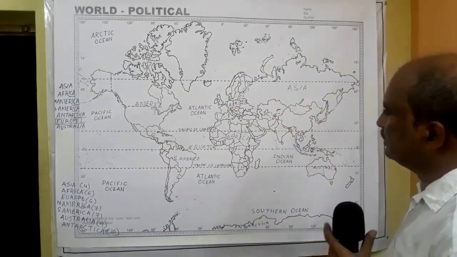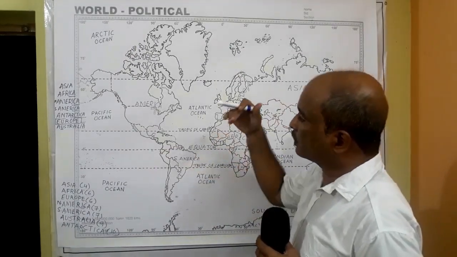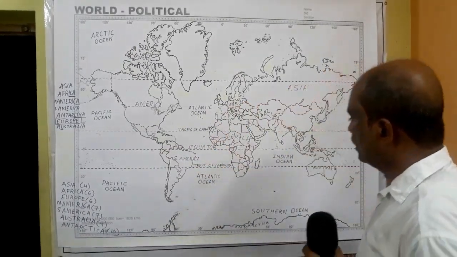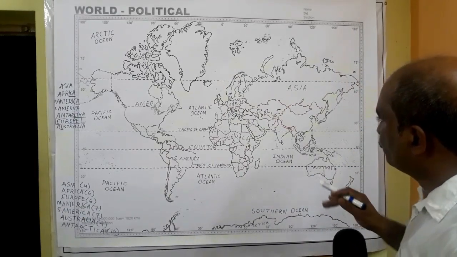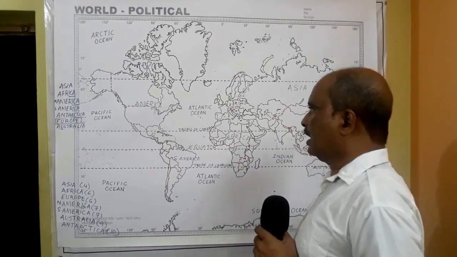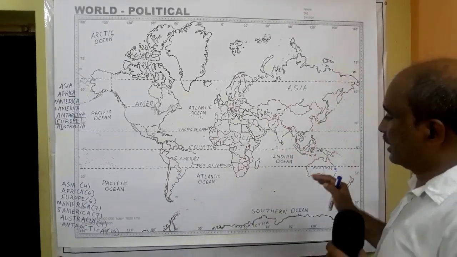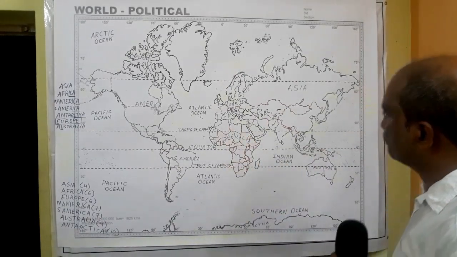So next, in classification we said how many continents are purely in northern, how many are purely in southern, how many are purely in eastern, how many are purely in western, and how many continents are located in all the four. As we said, Africa is a unique example.